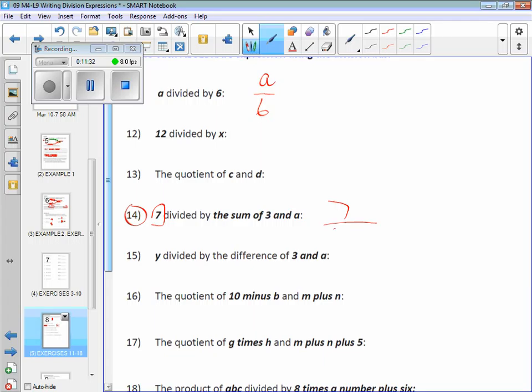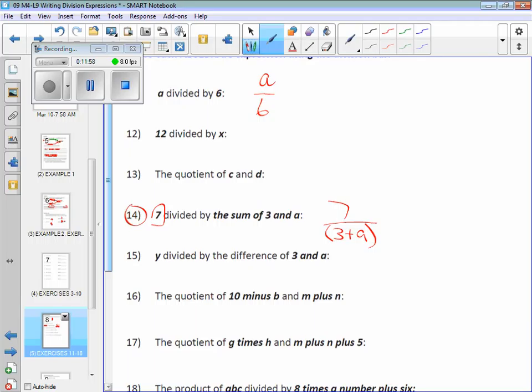I would put parentheses around it. The only thing that I have not taught you is that when you actually evaluate this using order of operations, it gets a little tricky. So we're not even going to worry about how to evaluate this yet if I give you a value for A. That's going to change a little bit as far as what gets done first. But if I put the parentheses here, then it automatically leads you to do this first.